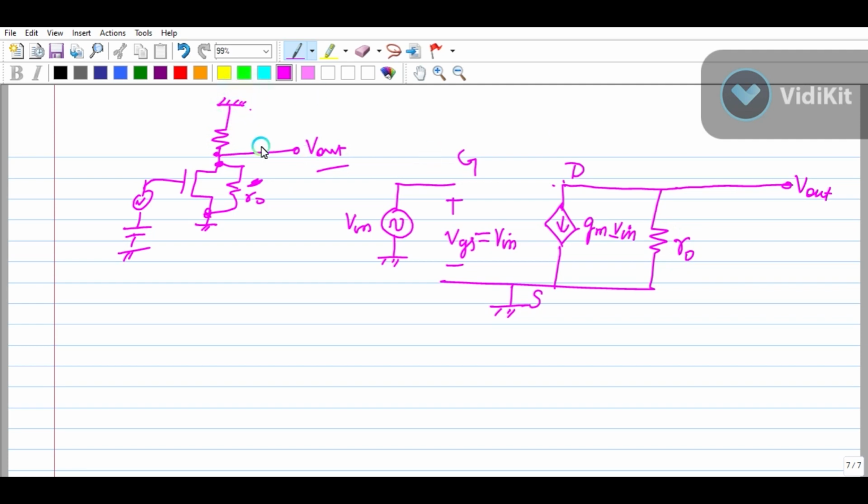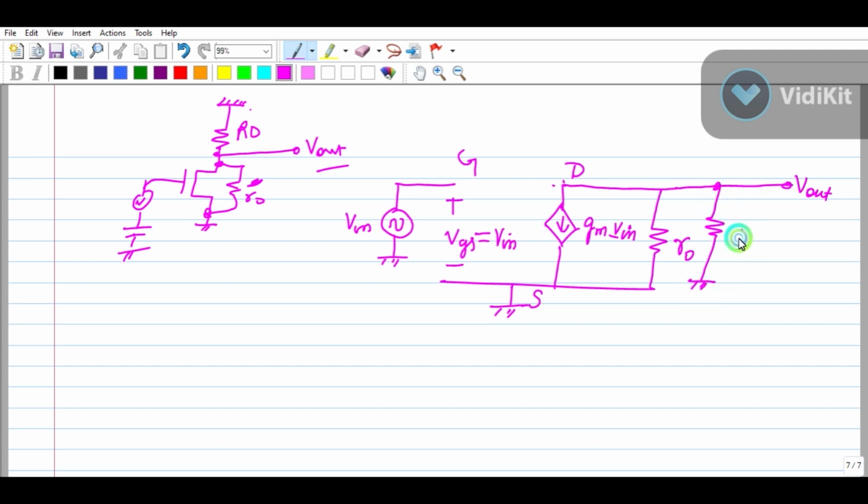While I told you that whenever we want to do small signal analysis, we have to make DC ground. Okay, so this RD will be connected where? This terminal somewhere and to the ground. You can make it like this. If it is on top, we are showing, so we can make it on top. You can make it like this also.